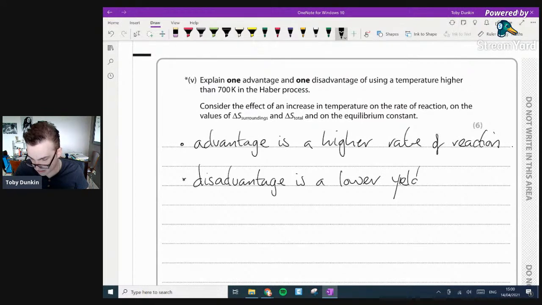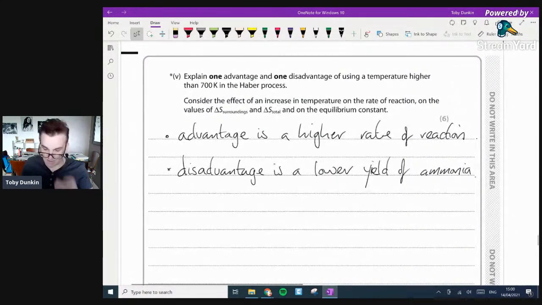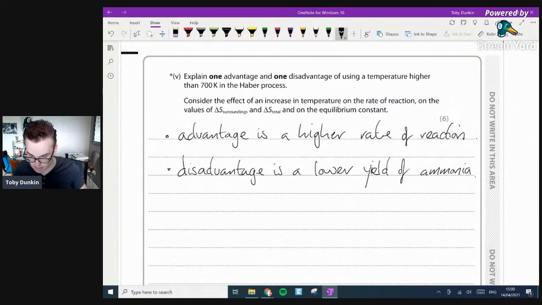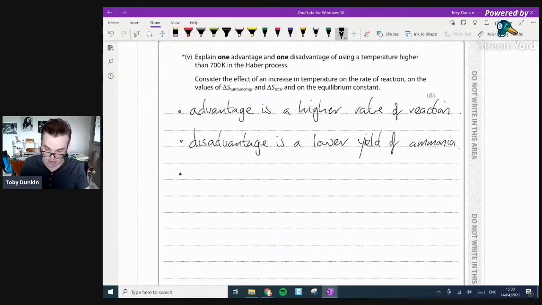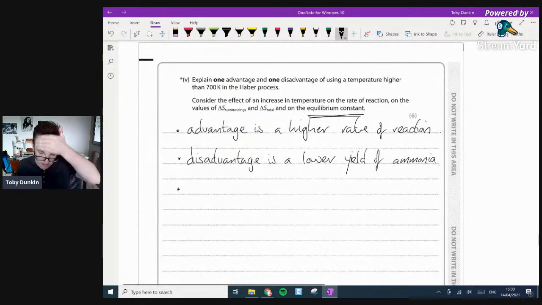Yield of ammonia. Now what they want me to do is explain this, considering the effect of the increase in temperature on the rate of reaction, on the value of the system total, and on the equilibrium constant. First of all, let's clarify equilibrium constant. The only thing affecting equilibrium constant is temperature.